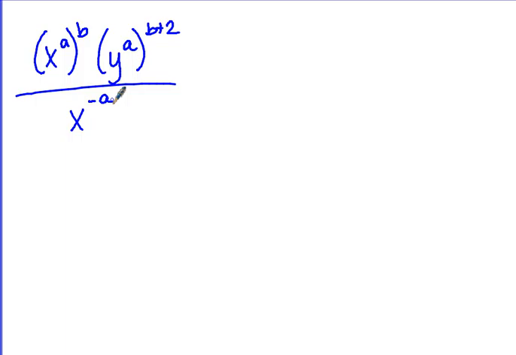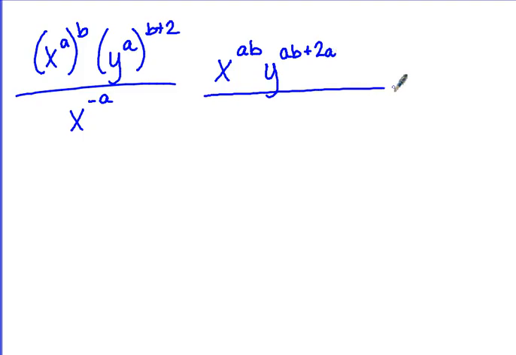In this first one, we have x to the a raised to the b. So we multiply the powers, and we're going to get x to the ab. Then we have y to the a raised to the b plus 2. So we're going to multiply. We're going to distribute that a into both terms. So we're going to get y to the ab plus 2a. That's in the numerator.